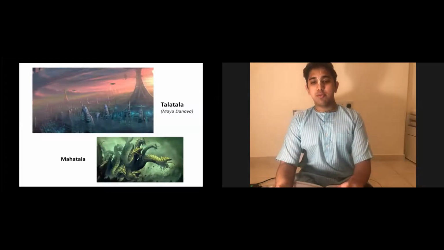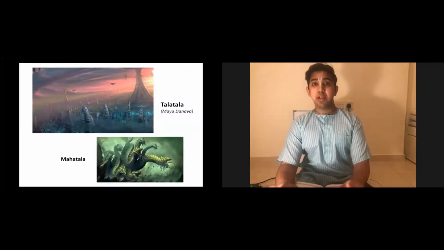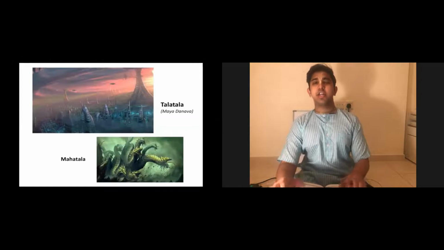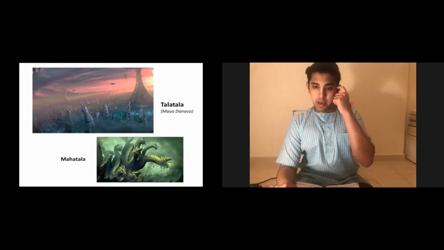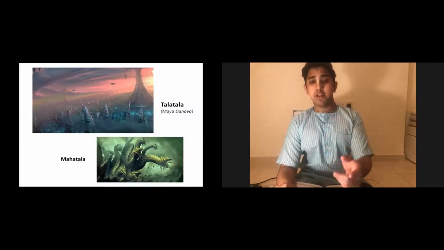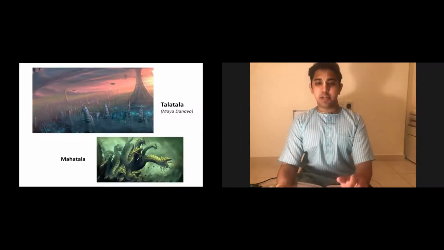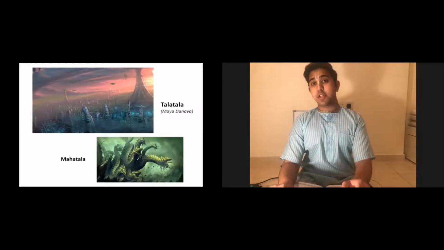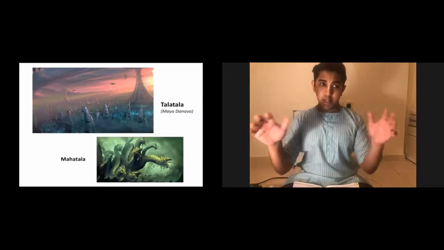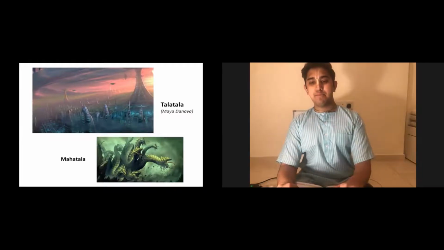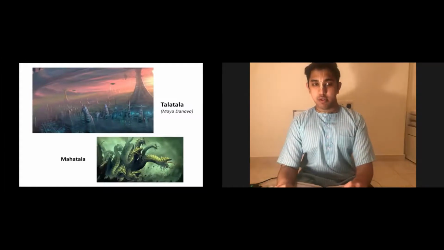And then as we go lower, we have Mahatala, where we have all these nagas, serpent-like, shape-shifting creatures. I wouldn't fancy going there, but there's a description of nagas almost anywhere you look. For example, there is a description in the Krishna book itself of Kaliya Naga, a thousand-hooded serpent who had somehow entered the Yamuna, and Krishna then drove him away.